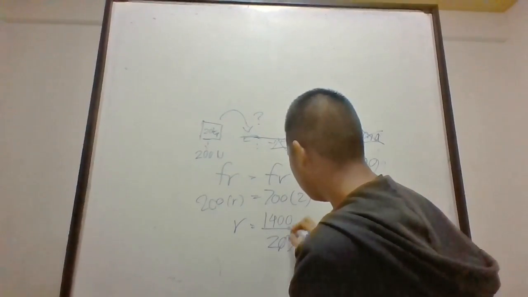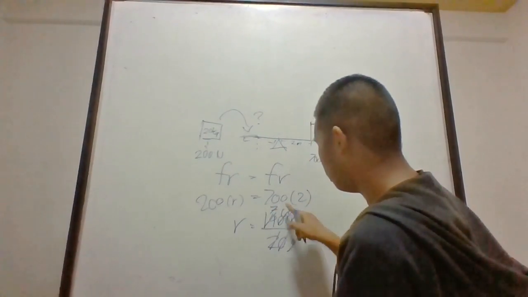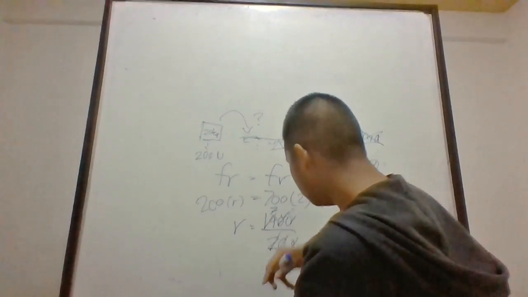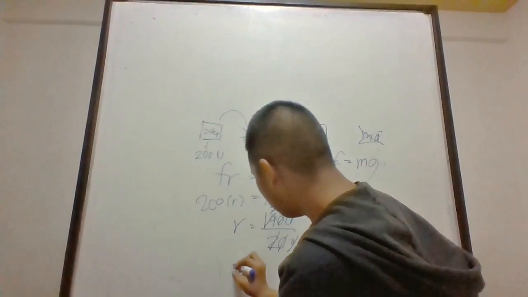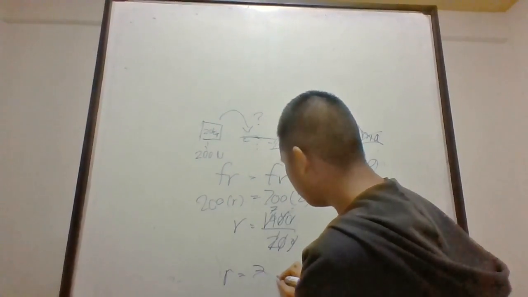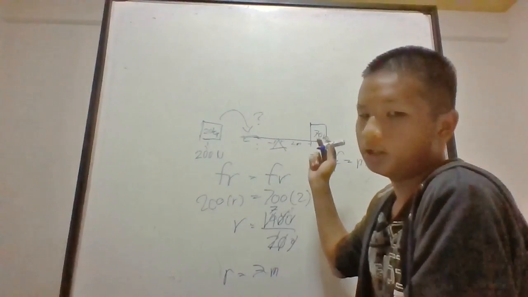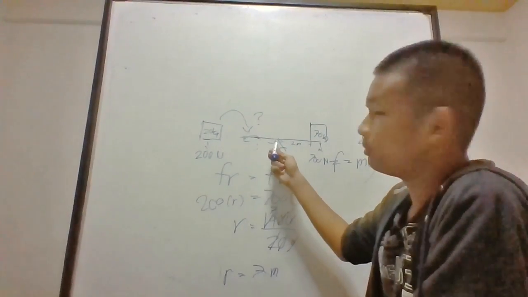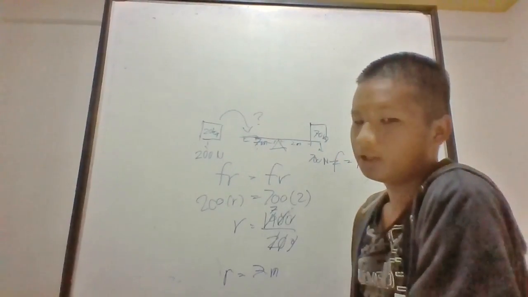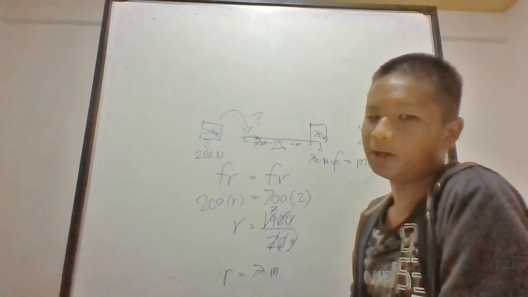So the distance that the smaller kid needs to be away from the center of mass of this point is actually 7 meters. That's 3 times longer than this one.